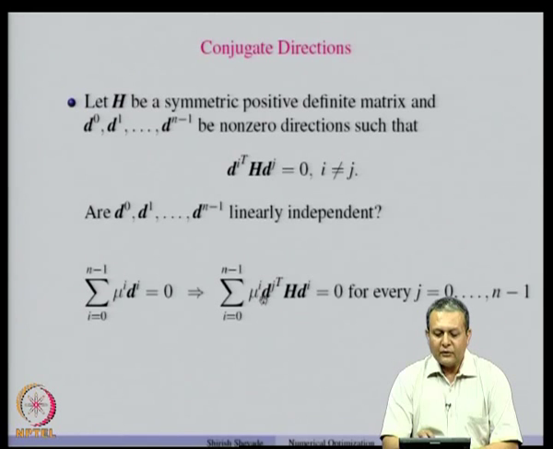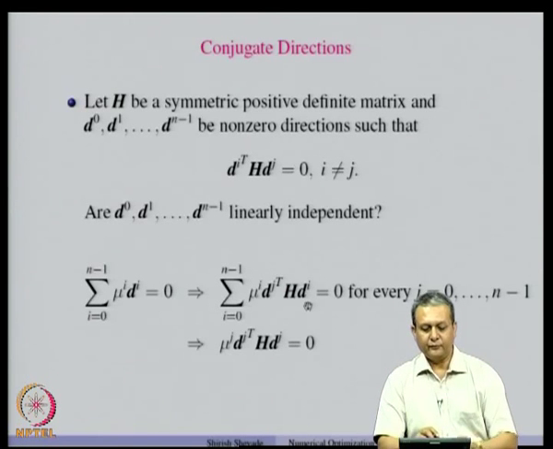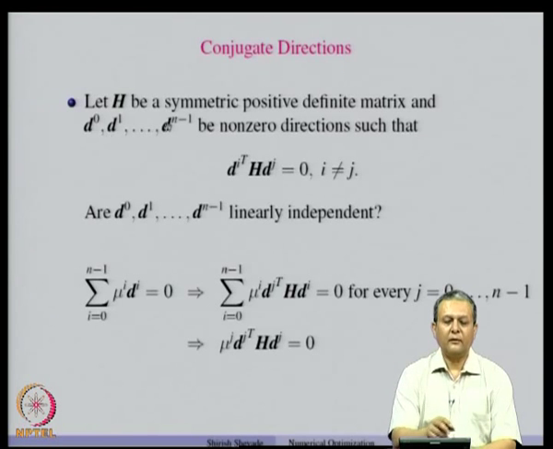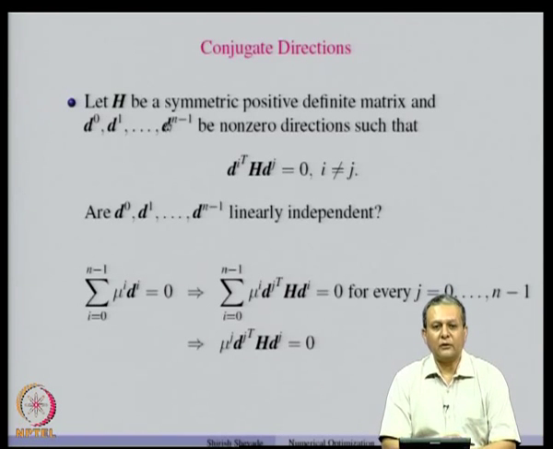So, all the terms in this expression vanish except the jth term. So, what remains here is that mu j into d_j transpose H d_j is equal to 0 because of the H orthogonality of the set d0 to d n minus 1.